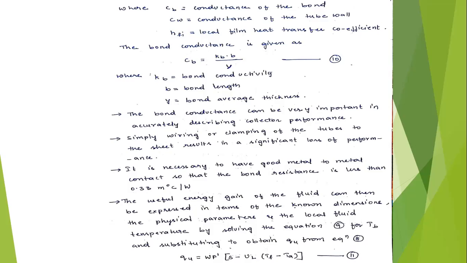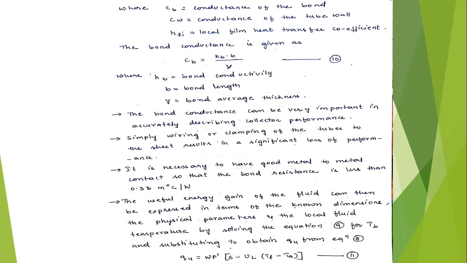As stated before, the useful energy gain of the fluid can be explained with more terms when we know the dimensions, physical parameters and the fluid temperature flowing in the local tubes. If you solve equation 9 from the previous slide, we can get the value of TB.